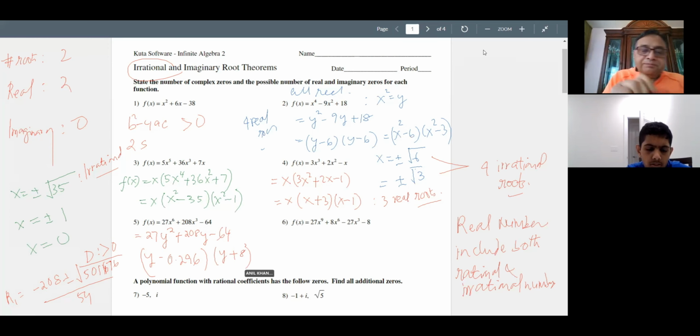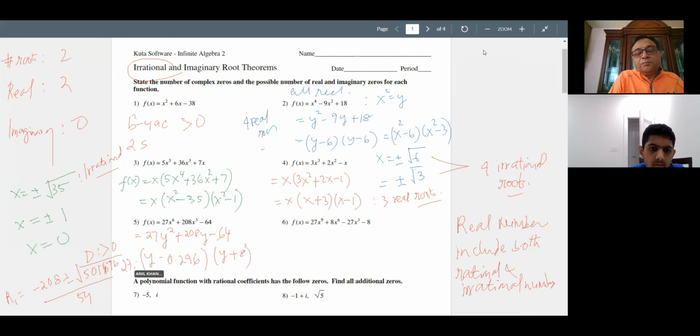So negative 8 will result in a factor of x plus 8. You see that? And that 0.296 will have a factor of y minus 0.296, correct? Now that becomes your value. What you could do here is take 27 outside and write it like this.